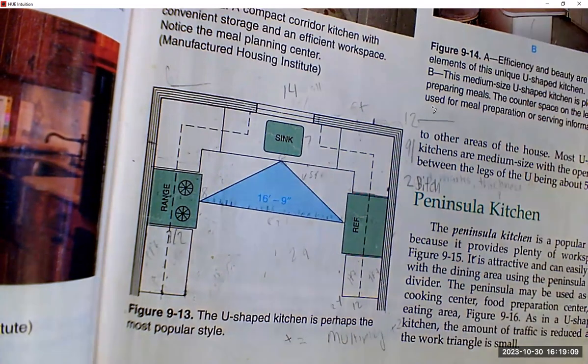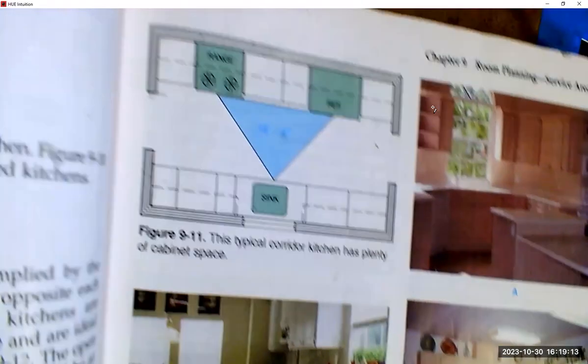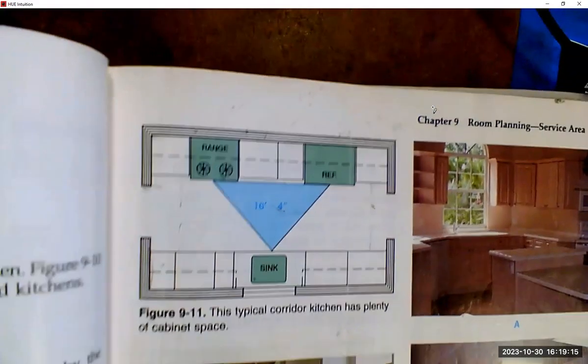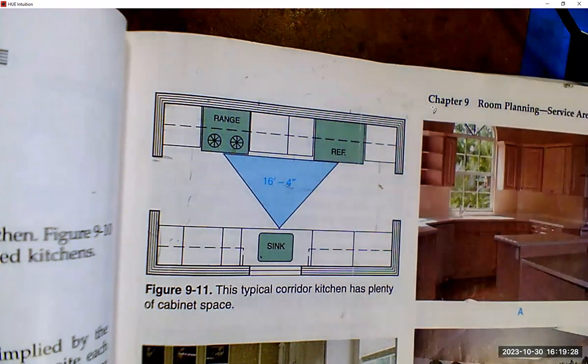So in creating this sketch, first thing we're going to do, after choosing which kitchen you want to do of those three, is create a ruler to find out some measurements here.